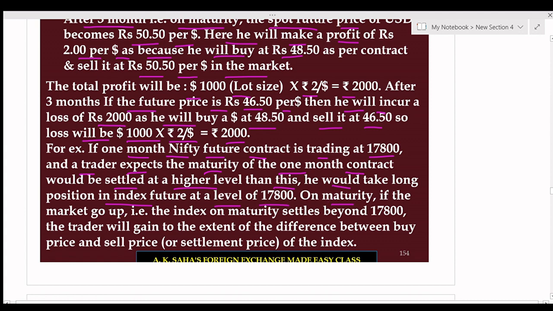On maturity, if the market goes up, that is, the index on maturity settles beyond 17,800, the trader will gain to the extent of the difference between the buy price and the sell price or settlement price of the index.